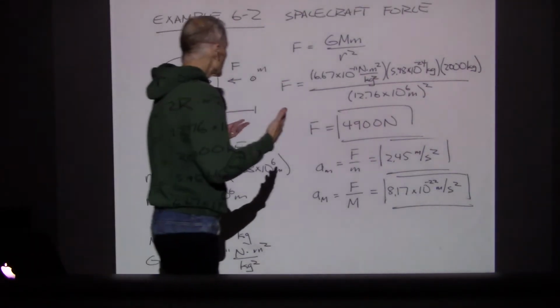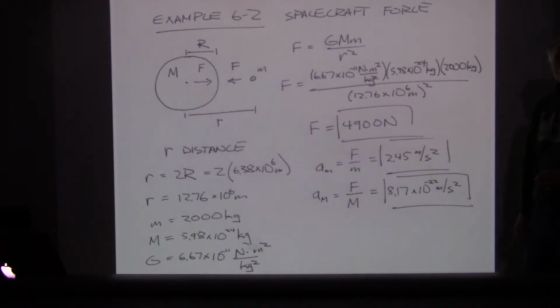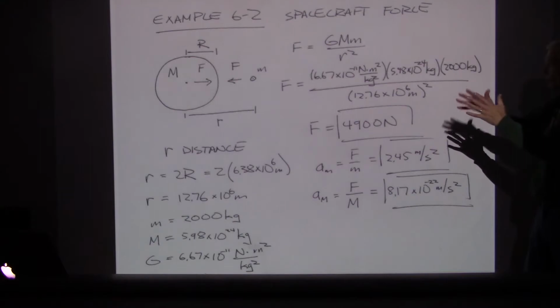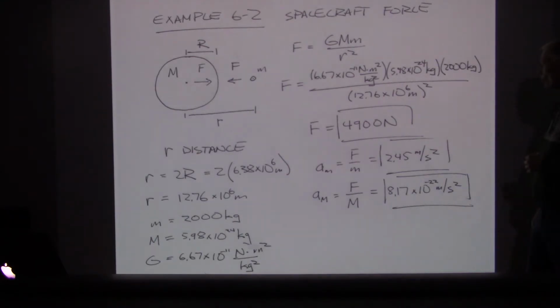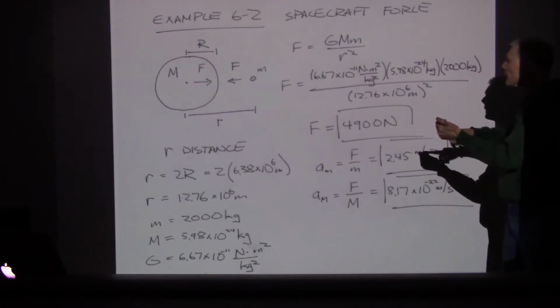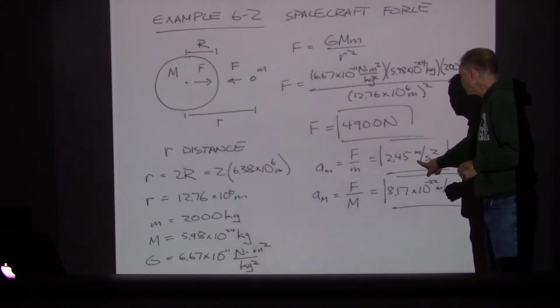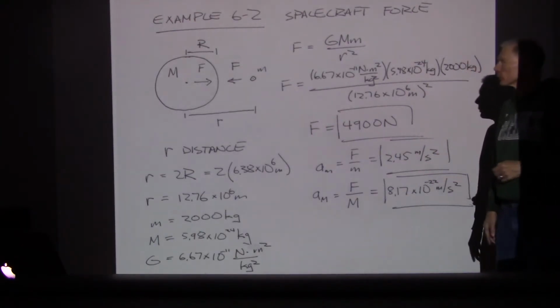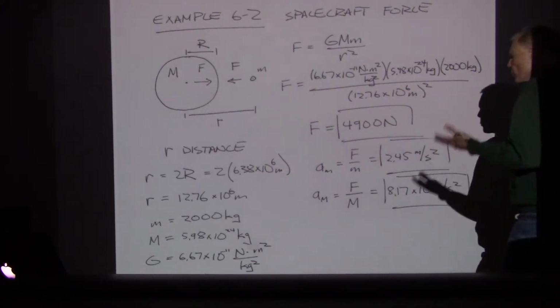So at the Earth's surface, that would be 9.80. But out in space, 2 full Earth radii away from the center of the Earth, that has now dropped. So what would have been 9.80 at the surface is 2.45 meters per second squared at the location that we're looking at.